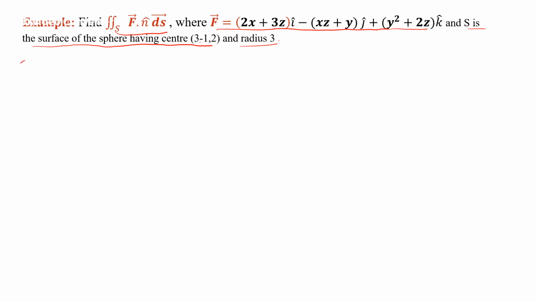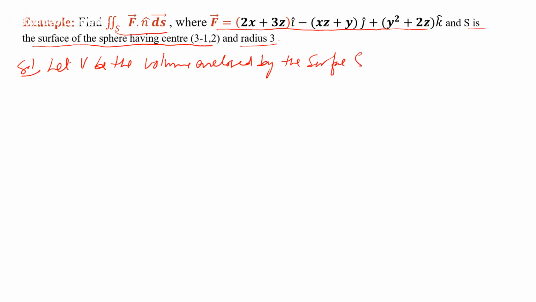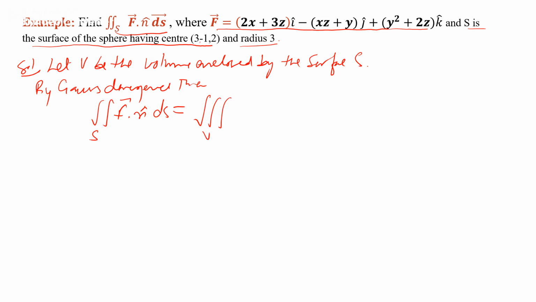First let us suppose capital V is the volume enclosed by the surface S. As we know, the Gauss divergence theorem says the surface integral of f dot n ds is equal to the triple integral of divergence of f dv. Now we find the divergence of f.